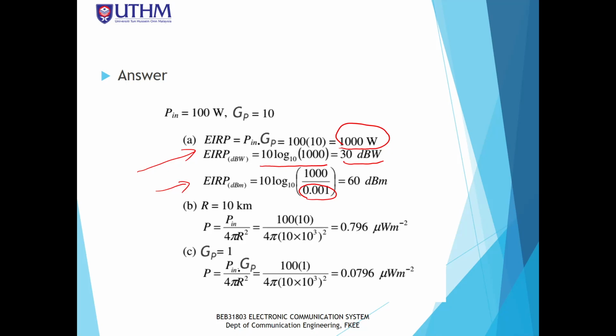When we want to get dBm, we need to divide with the reference value 1 milli, so the answer would be 60 dBm.